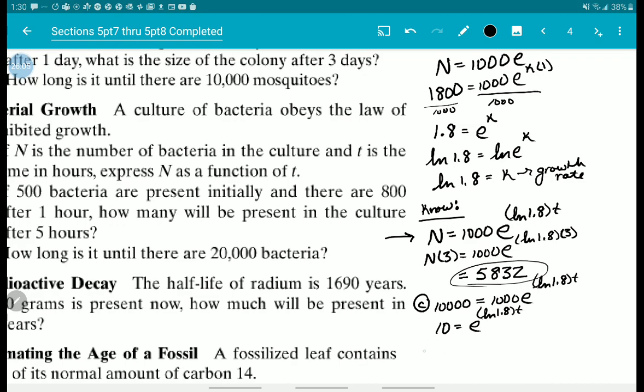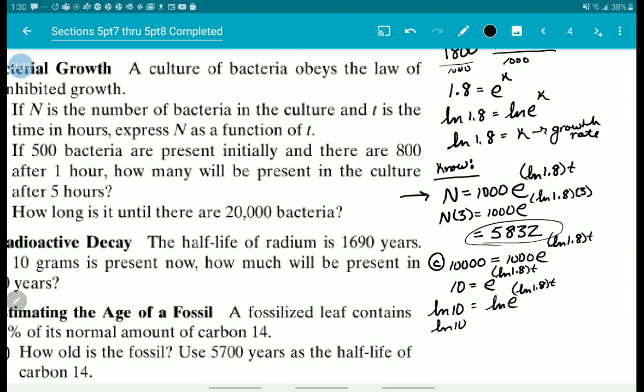Now let's take the ln of both sides. So this ln and this e will reduce. This e does not reduce with this ln because it's multiplied by t. You would have to rewrite that, so be careful on these when you're doing these. But this ln and this e reduces, so we're left with just everything in that exponent, which is the ln of 1.8 times t.